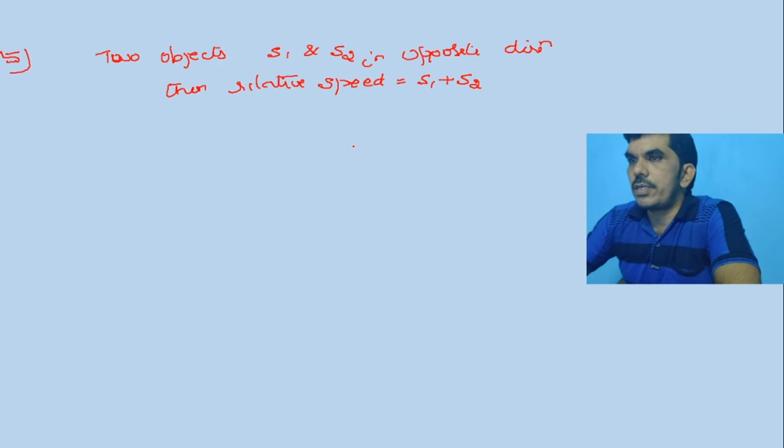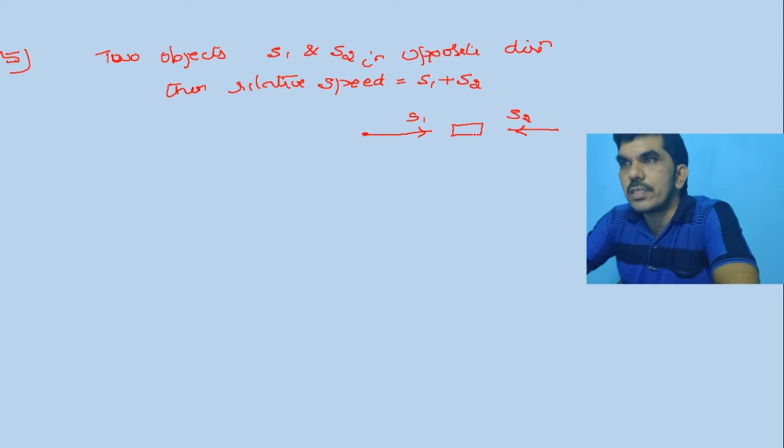Now concentrate here. When one train or object is moving in this direction and another object in the opposite direction, at speeds s1 and s2, in what time will they cross a particular point?